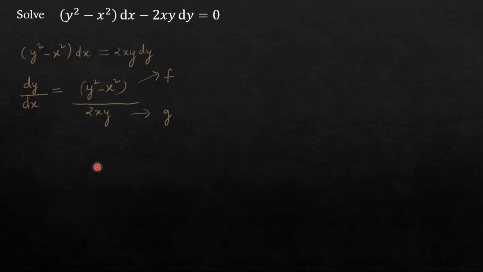Now I can use the concept of homogeneous equation, that is, I will substitute y is equal to v into x. Differentiating both sides, you get dy by dx is equal to v plus x dv by dx.